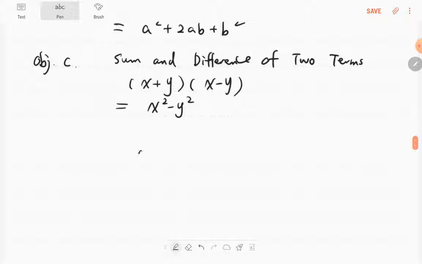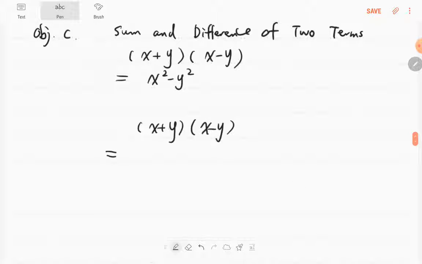Let's check how we can get this answer if we just use the FOIL method, okay? So we start with the first, x times x. So that will be x squared. Then the outer will be x times negative y.